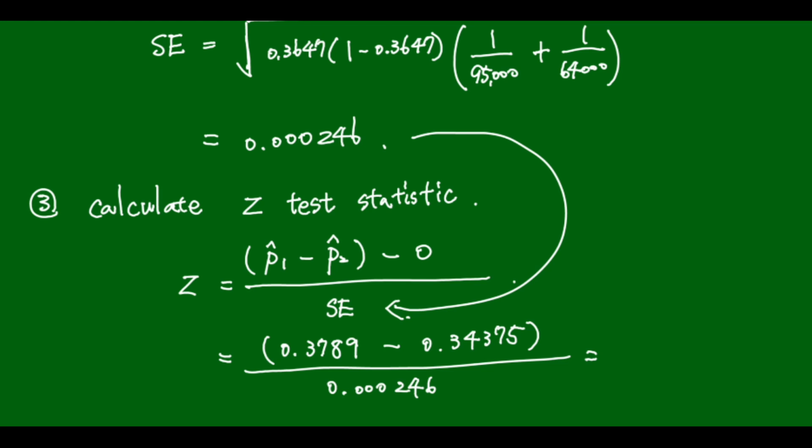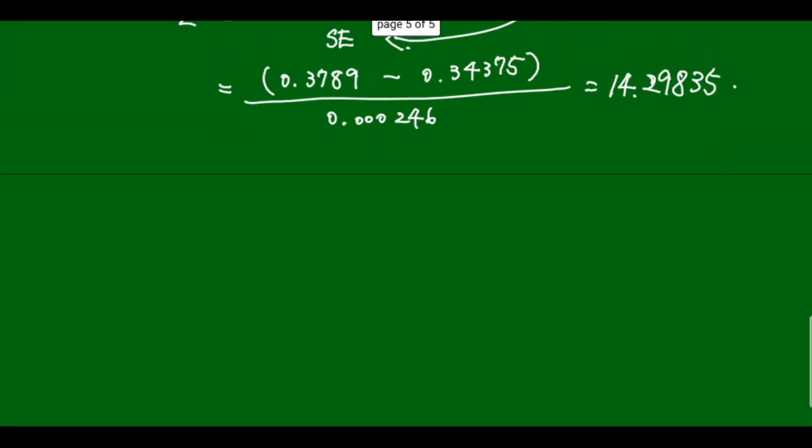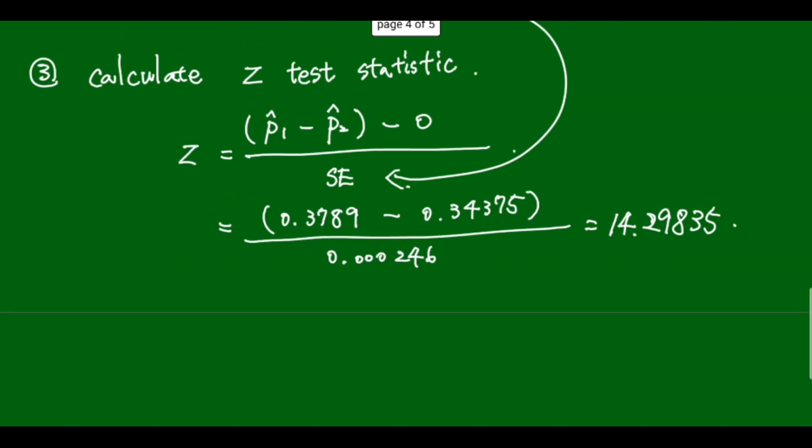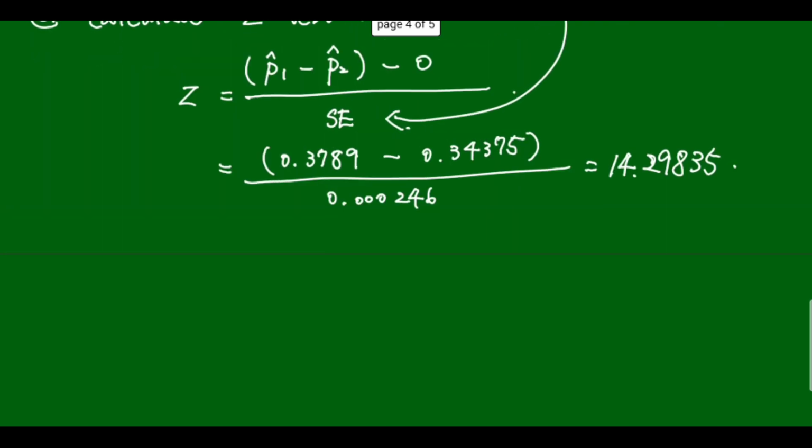If you calculate this, you will get 14.29835 something. Okay, so now we have calculated the z-test statistic, and after the statistic, what we want to do is calculate the p-value.